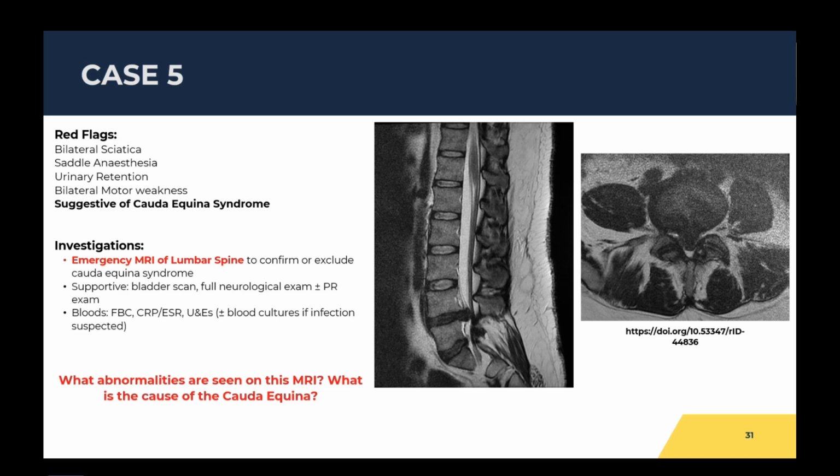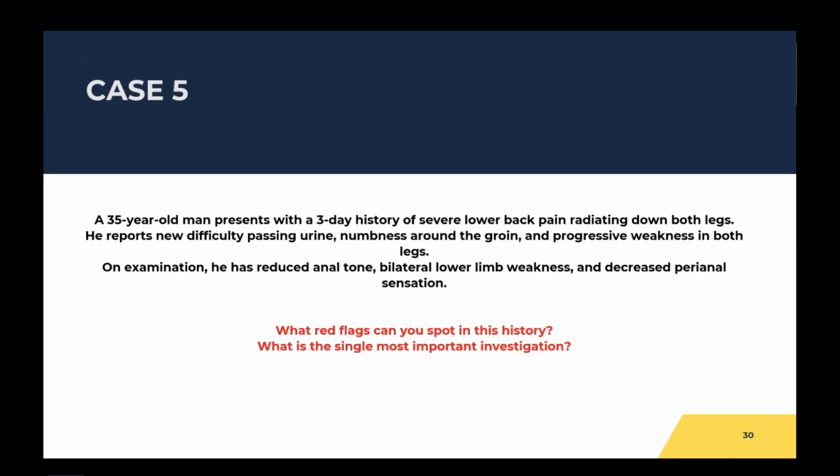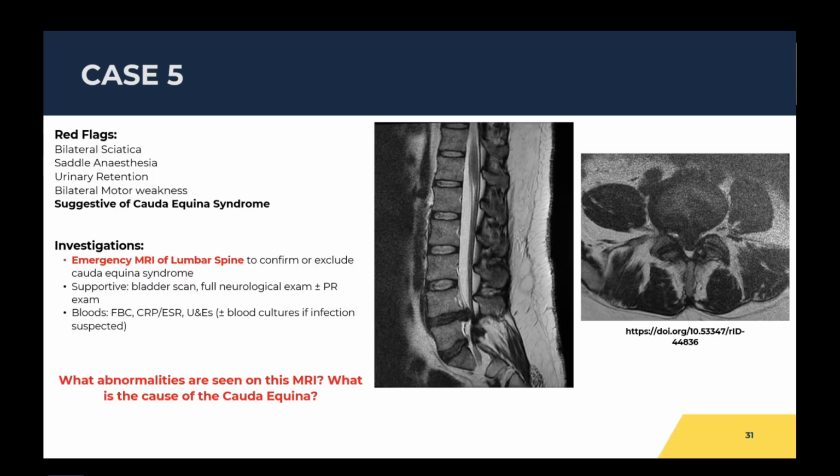So if we go through the answers, the key red flags that the patient was presenting with: he had bilateral sciatica, he was experiencing saddle anesthesia, he said that he had difficulty passing urine, so urinary retention, and had bilateral motor weakness of the legs, and these are all key features that are suggestive of Cauda Equina syndrome.